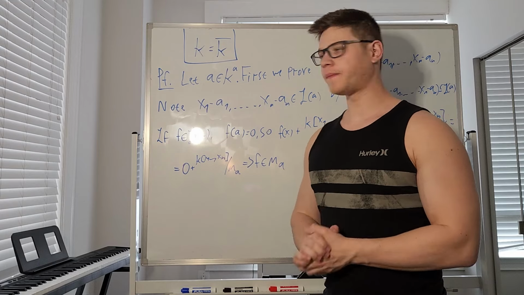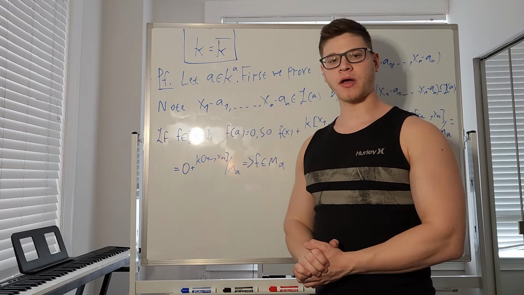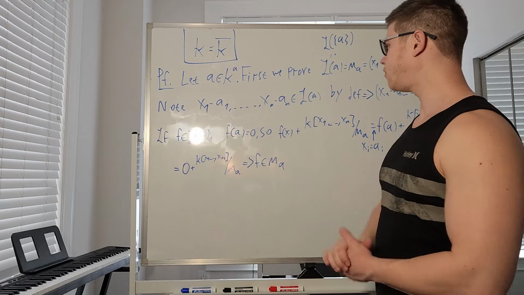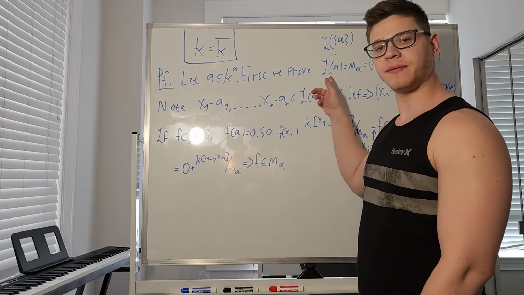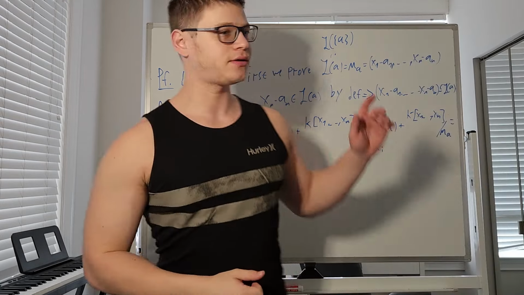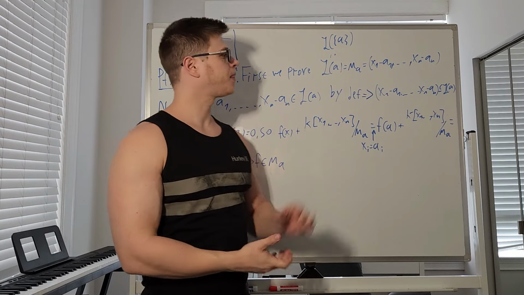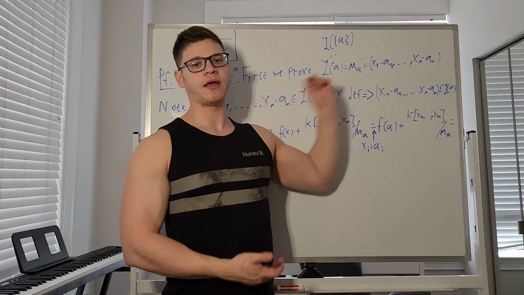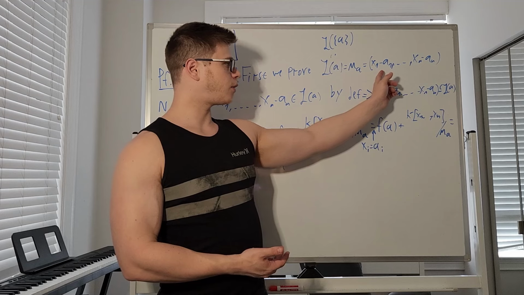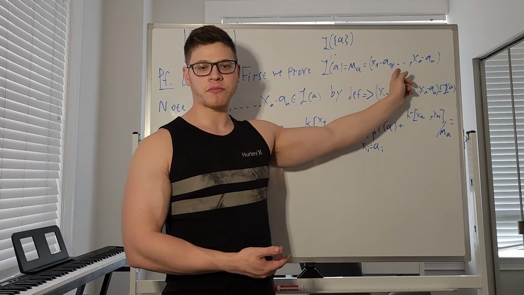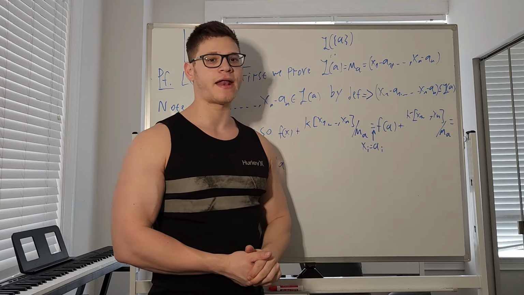So for the proof, let A be some arbitrary point. First, we prove that the ideal defined by A, which is just the ideal defined by the singleton set A, is this ideal M_A, which is the ideal generated by the polynomials x1 minus a1, x2 minus a2, up to xn minus an.